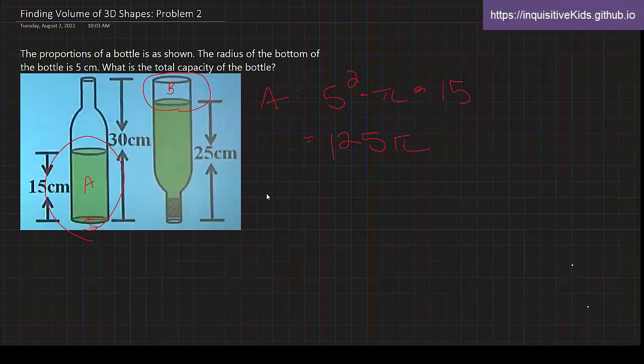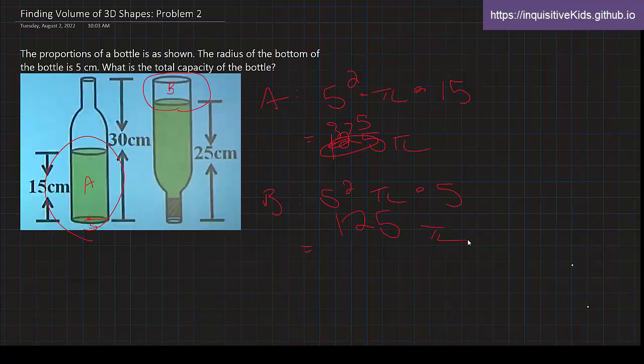For cylinder B, we take the radius, square it, which is also 5 squared, times pi, and then we multiply it by the height, which is 5. We take 25 centimeters away from 30, and that's 5. And that is 125 pi.